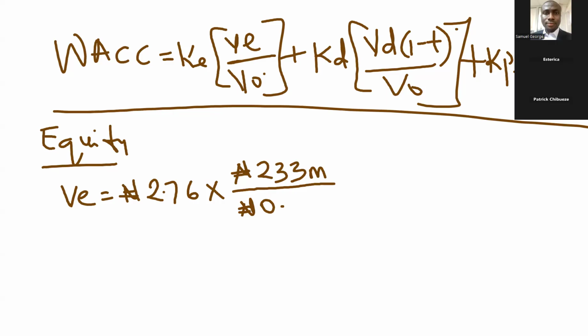But do you understand why we are dividing by 10 kobo, if you don't mind me asking? This is what I'm trying to say: your share capital, all the share capital that you have, is 50 million naira. Then I said one share is 2 naira.